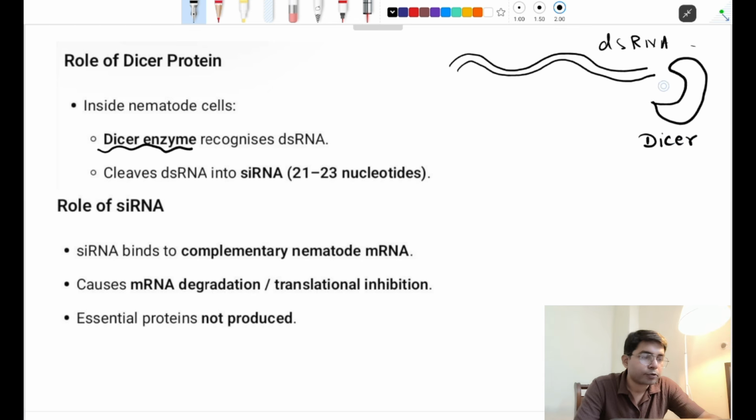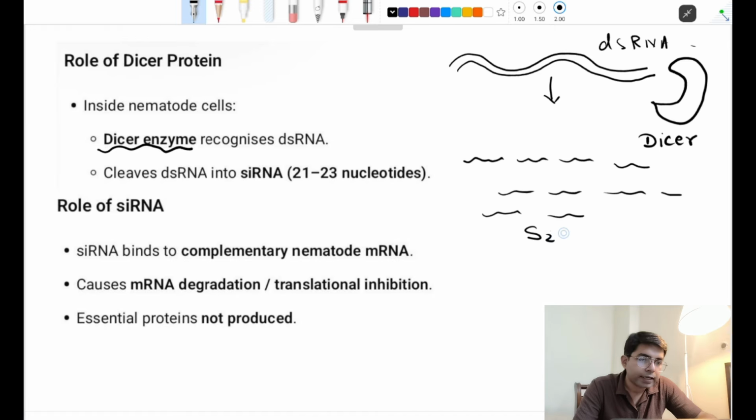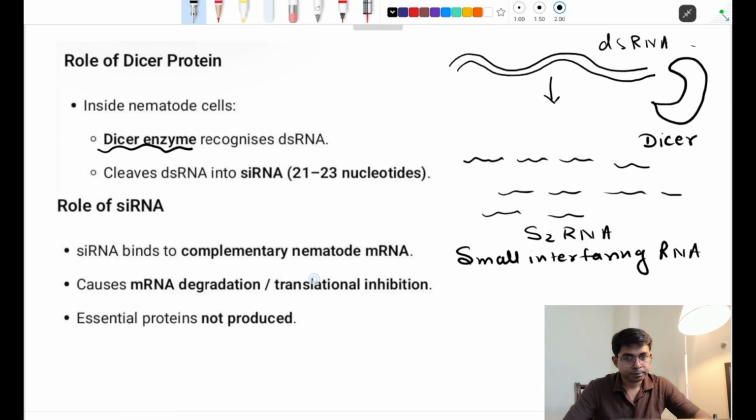This dicer protein will digest and break down the double-stranded RNA into a large number of small fragments of RNA, and that is called siRNA. It is also called small interfering RNA. Now, this small interfering RNA will go and bind to the mRNA.